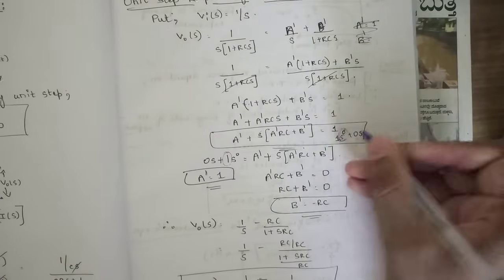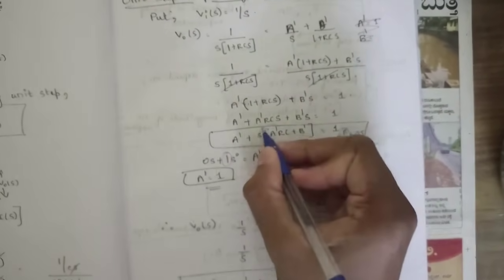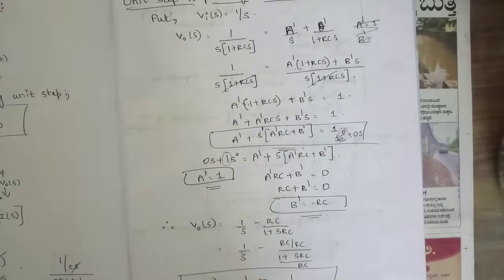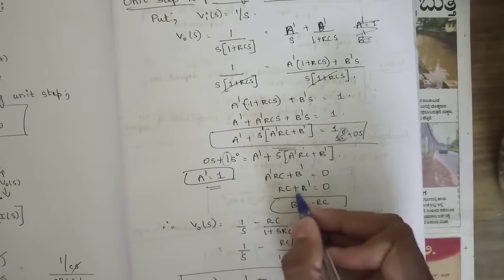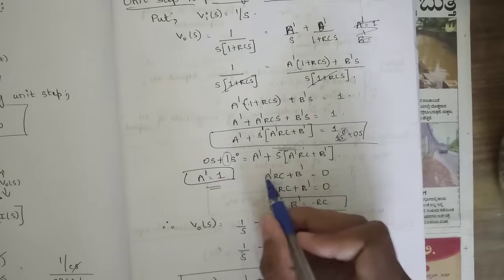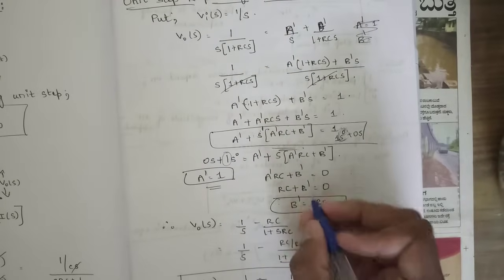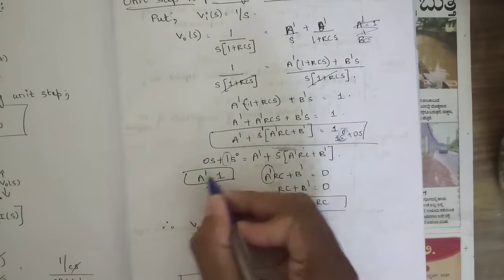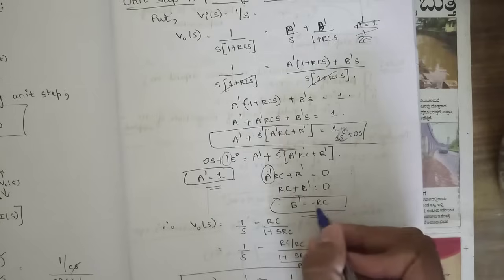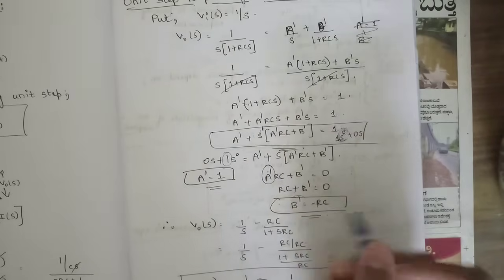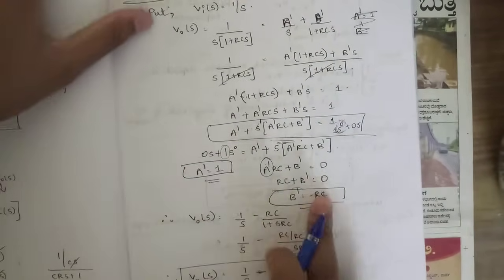This is the coefficient of S to the power 1, so this whole term would be equal to 0. If we equate this whole term to 0, we get RC plus B dash equal to 0, since the value of A dash we got as 1, and B dash is equal to minus RC. In this way we are getting the values of A dash and B dash.